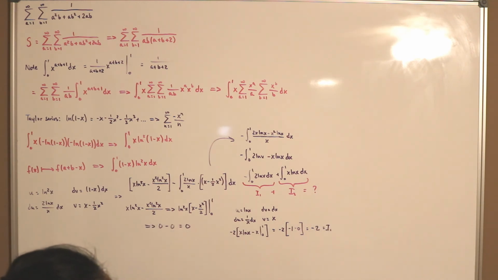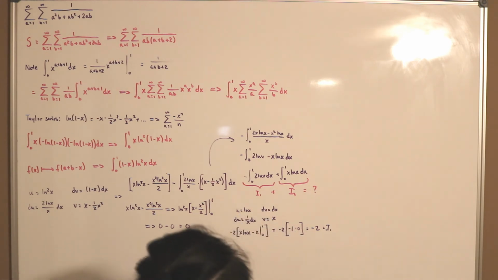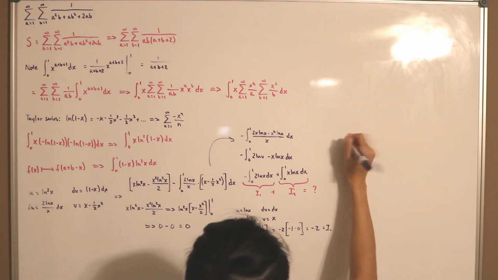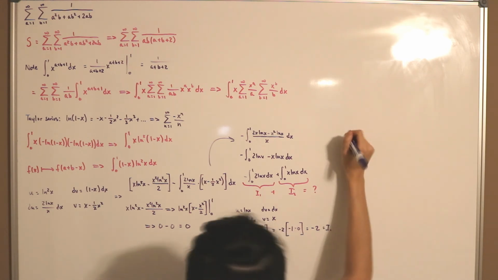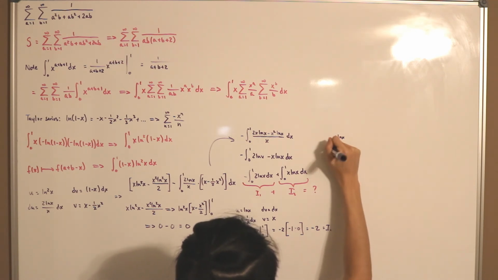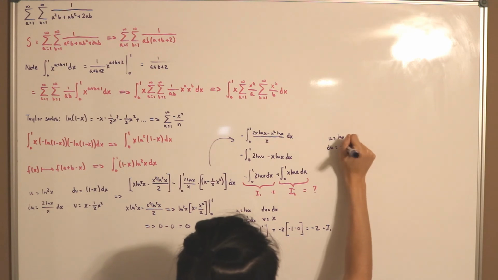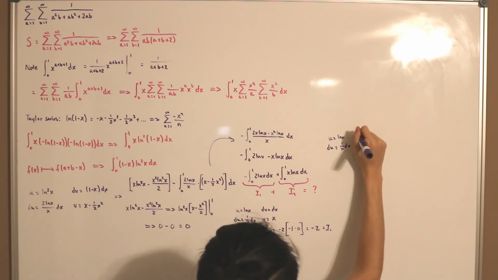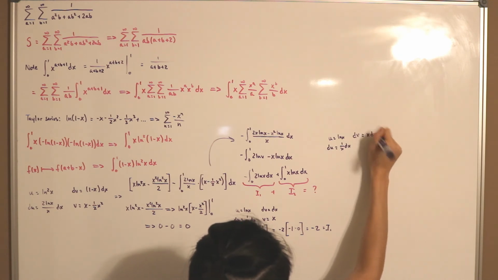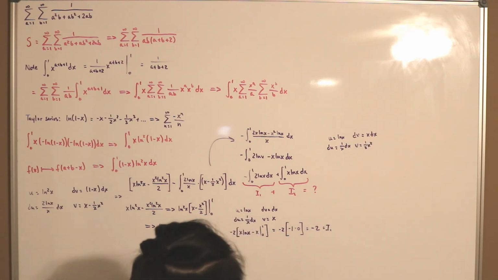So now we need to find what I sub 2 is equal to. So this is again integration by parts. So let u equal ln of x, du equal 1 over x dx. Then dv is equal to x dx, and then v is equal to 1 over 2 x squared.